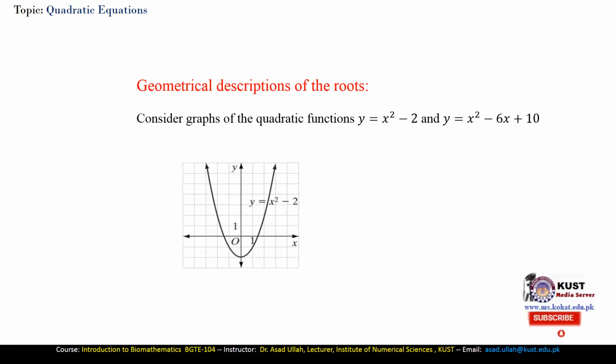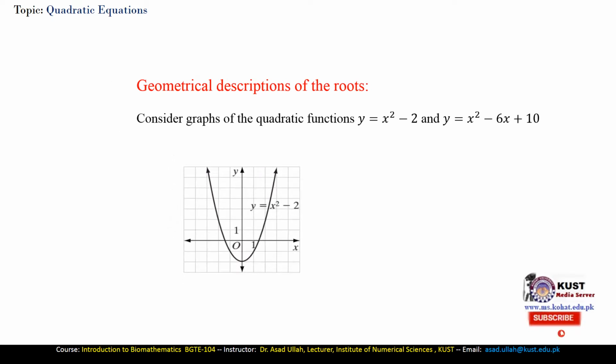That is the form of a parabola. This graph crosses the x-axis at points greater than 1 and less than minus 1. In the previous slides, the roots of this quadratic equation are square root of 2 and minus square root of 2. So this point is square root of 2 and this point is minus square root of 2.